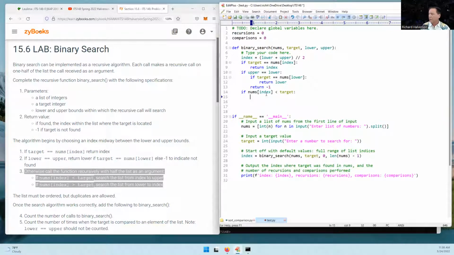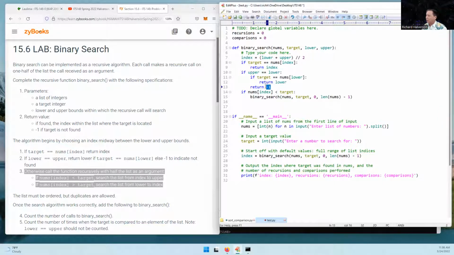So if that's the case, then I want to do something that looks just like this, but I think I want to return this, because this is going to return something.